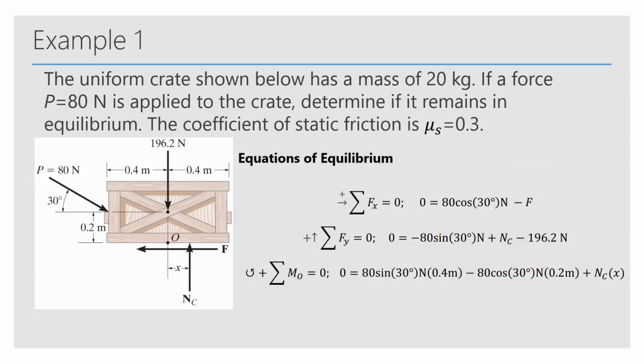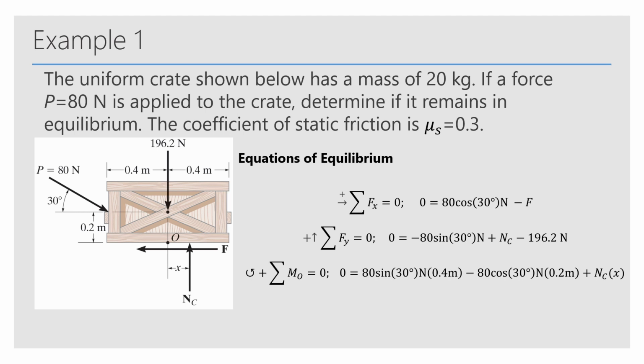Write out our equations of equilibrium. So we have our x equation, which is the force from you pushing on it, 80 newtons times cosine of 30, minus that frictional force that's pushing against it. And then the y equation is the y component of the pushing downwards, and the weight of gravity, plus the normal force that's acting on the crate.